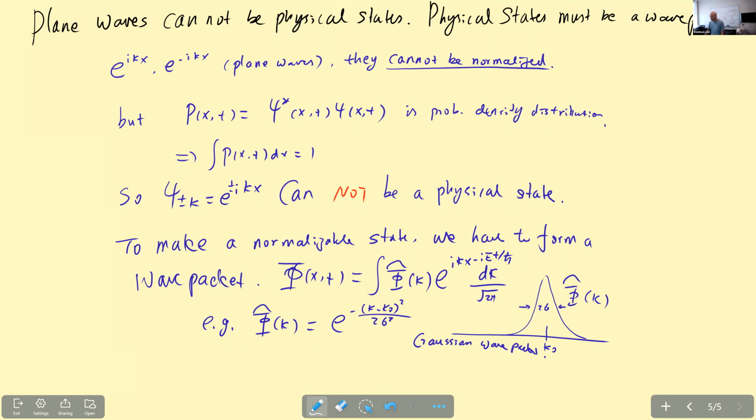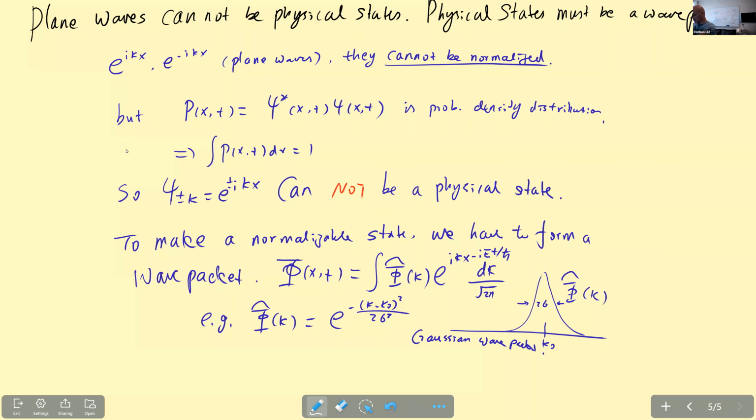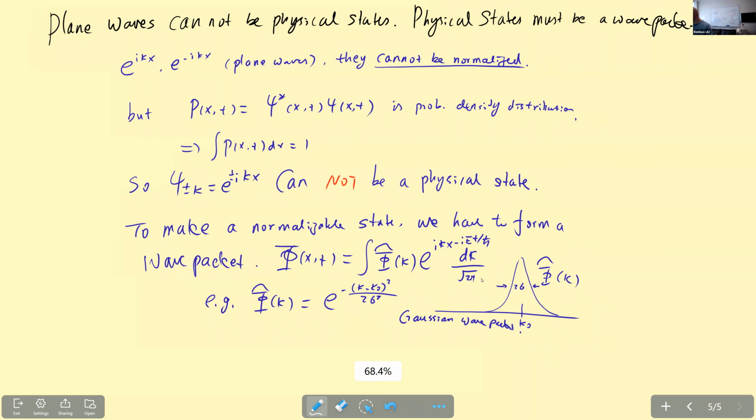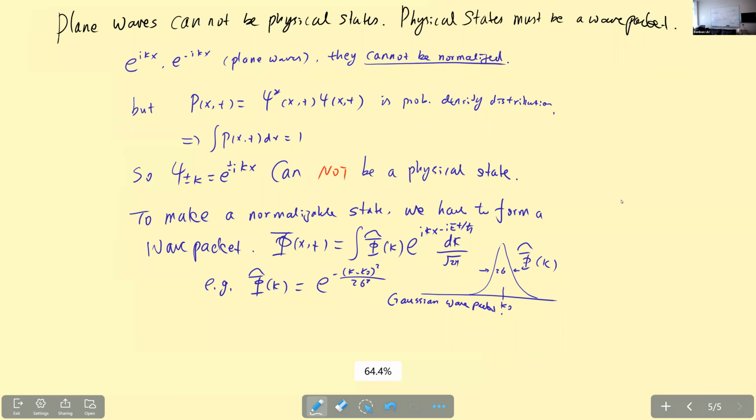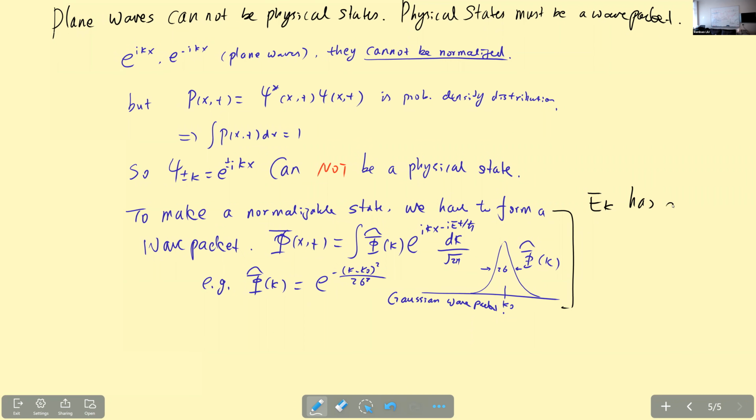And more importantly, interestingly, because this energy E_k has a distribution, this phase factor actually will change with time.